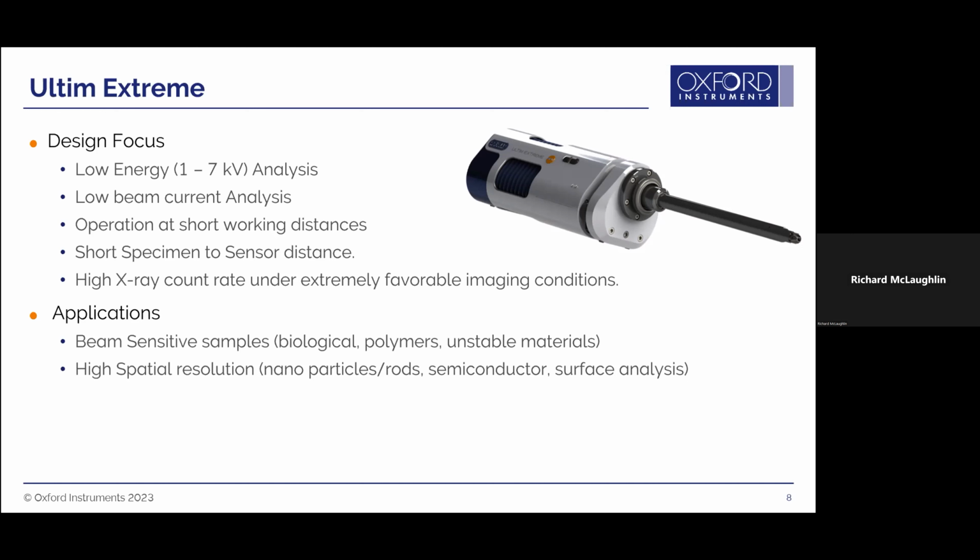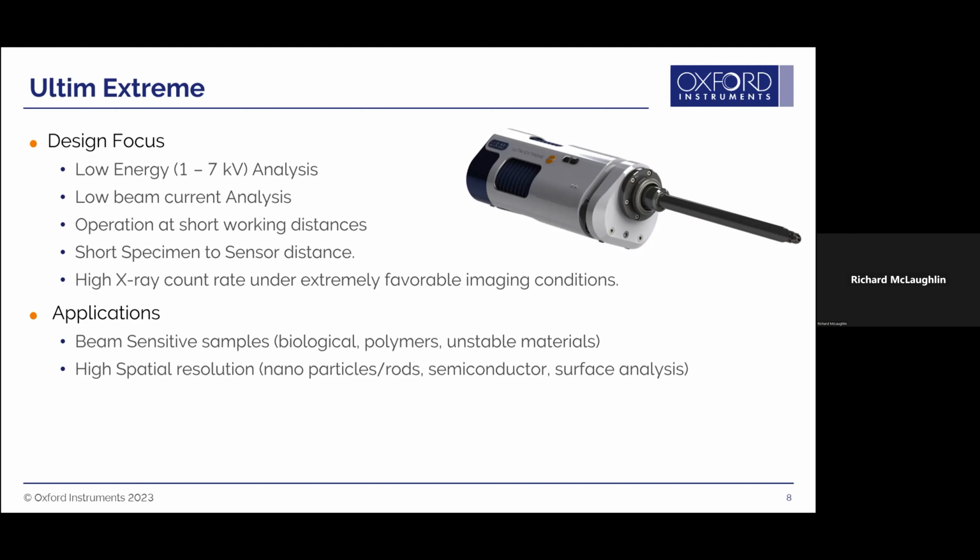And that's going to be used for beam sensitive samples like biological samples. If you're looking at polymers, you probably run into the case where the polymers would actually degrade visibly under the beam, or any other unstable materials. And as was brought up, fluorine, chlorine, there are some elements that are quite mobile in samples like minerals and in glass, things like that, where you have to just run as delicately as possible.